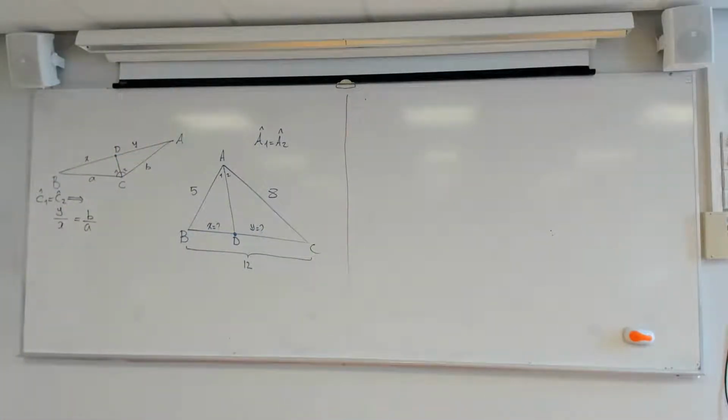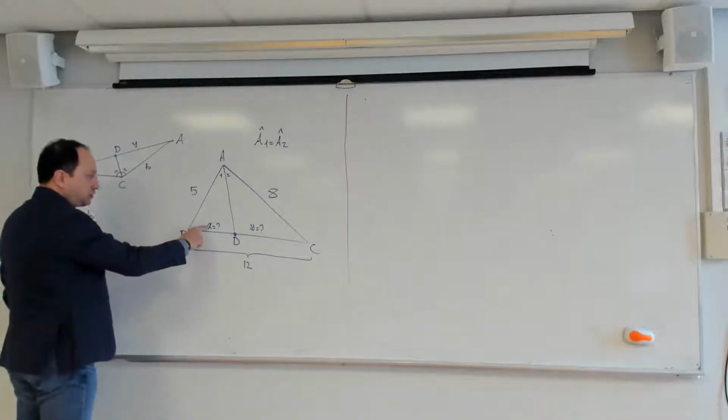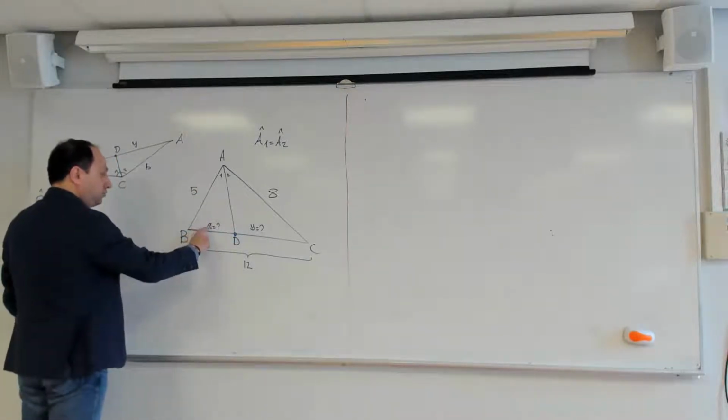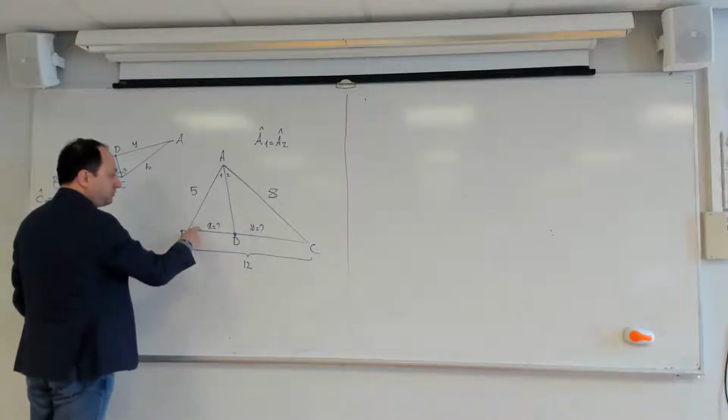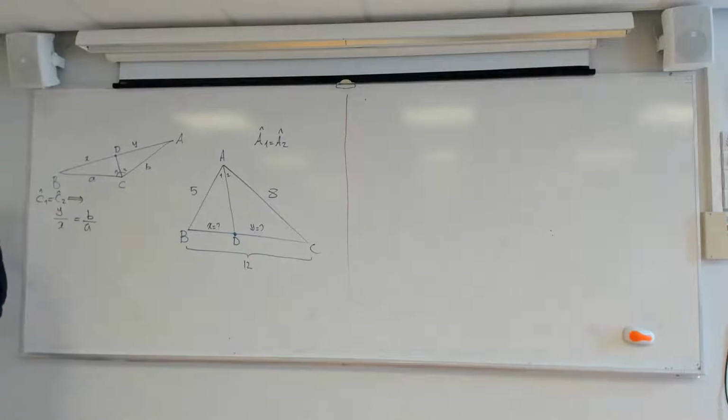So what we should do here, you see there are two unknowns, because x is not known, y is not known. So in principle I need two pieces of information to be able to find both x and y. One piece of information is that x over y is equal to 5/8.